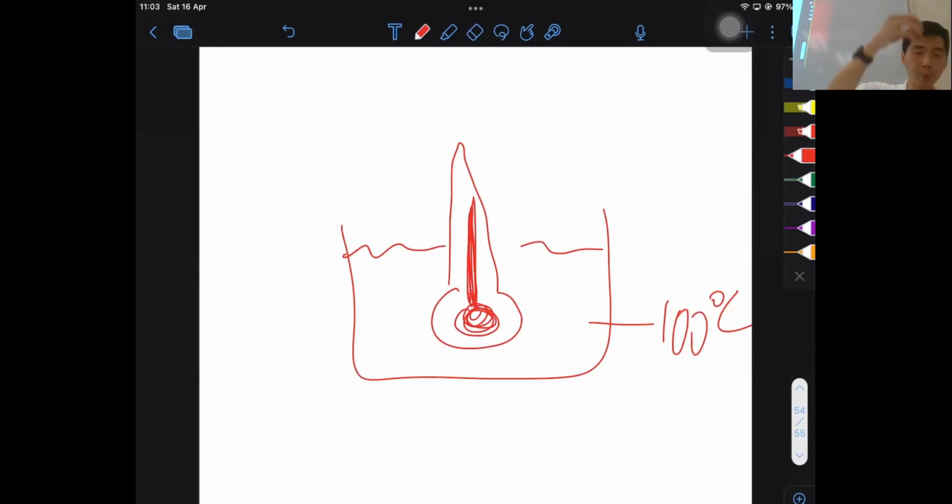When we put the thermometer in the hot water, the heat will actually heat up this glass bulb first. When it heats up this glass bulb, it will go through expansion and the volume here increases slightly, which causes the liquid level to drop a little bit from its original position.